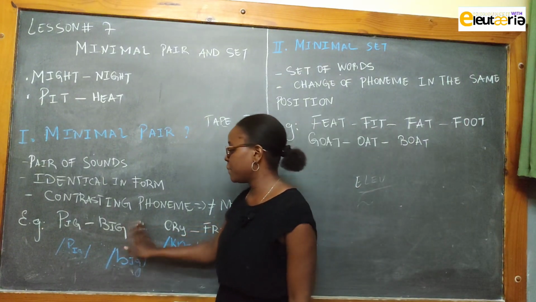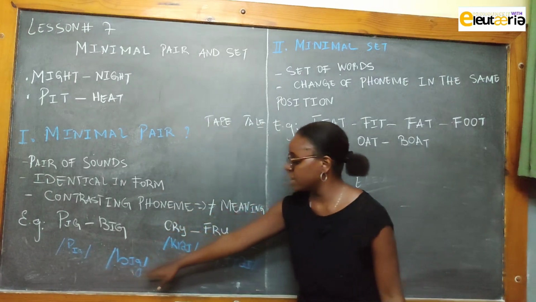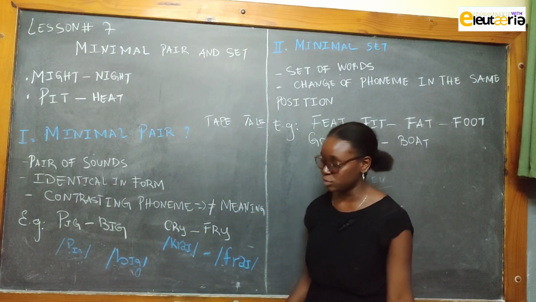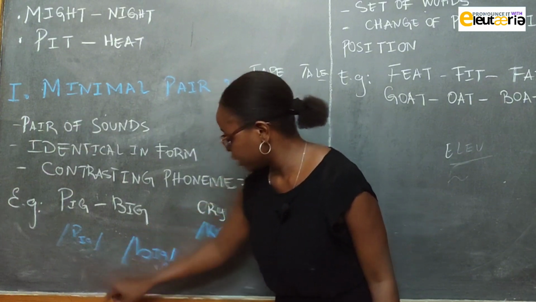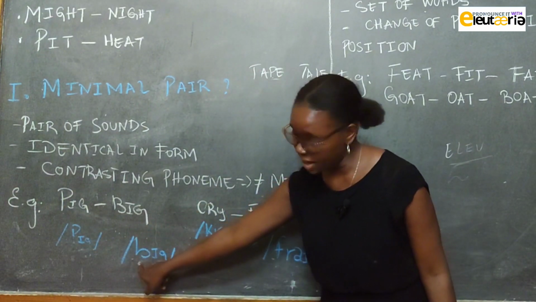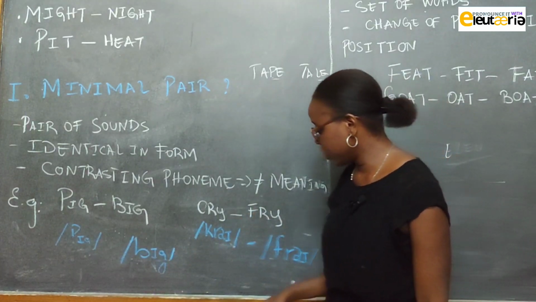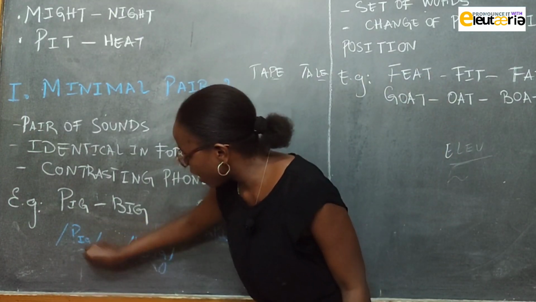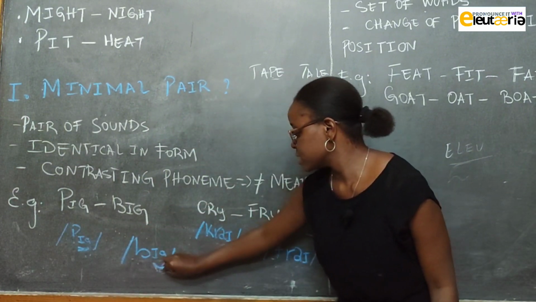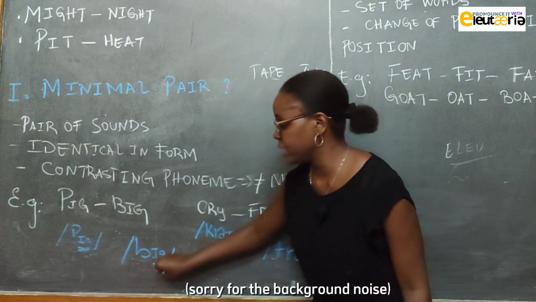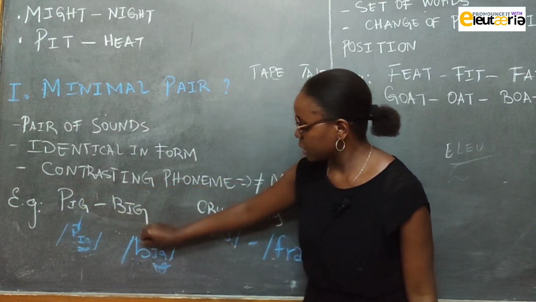In the first pair, we have pig and big, and these are their phonetic transcriptions. We have "pa", I, and G, and here we have "ba", I, and G. So what we can notice here is that we have the same sequence of sounds in this position. Is the same as on this one, "ig" and "ig". So what we do, we replace the "pa" with "ba".